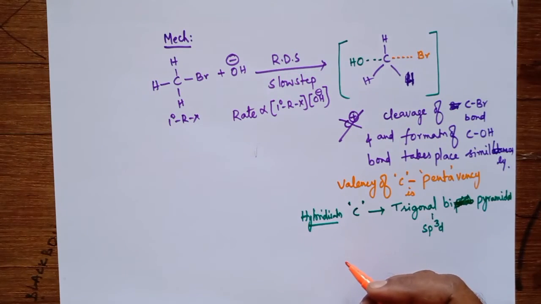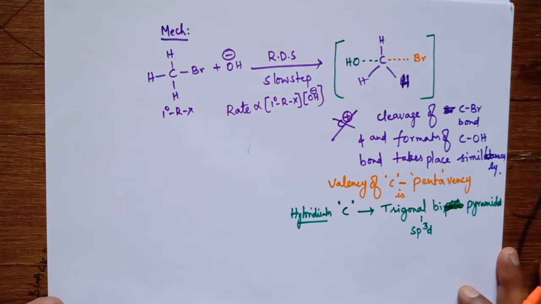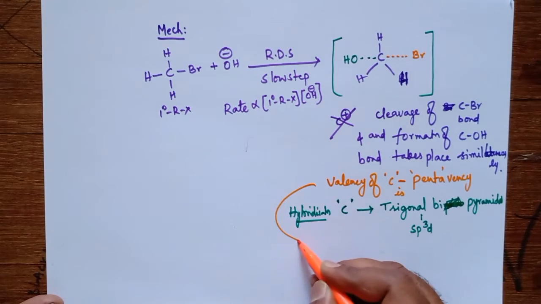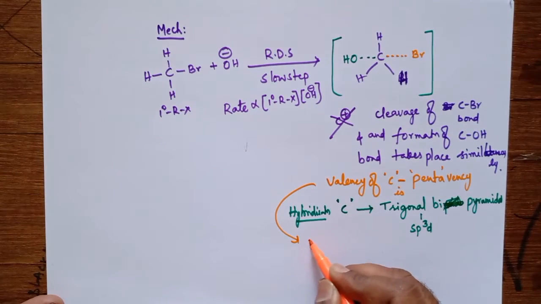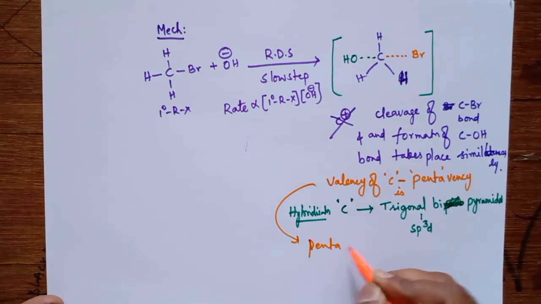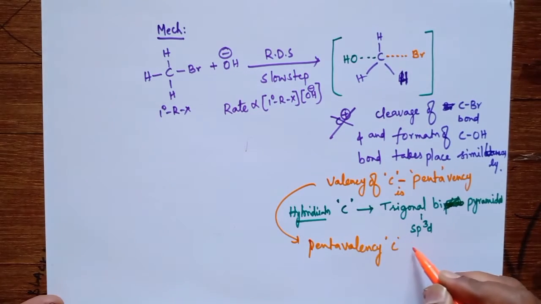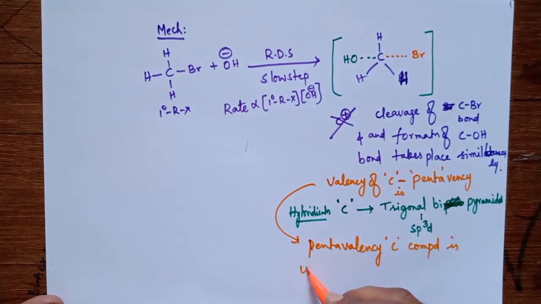Generally carbon forms four bonds, that is its nature. If it is forming five bonds, it is unstable, obviously. So the pentavalency carbon compound is unstable.